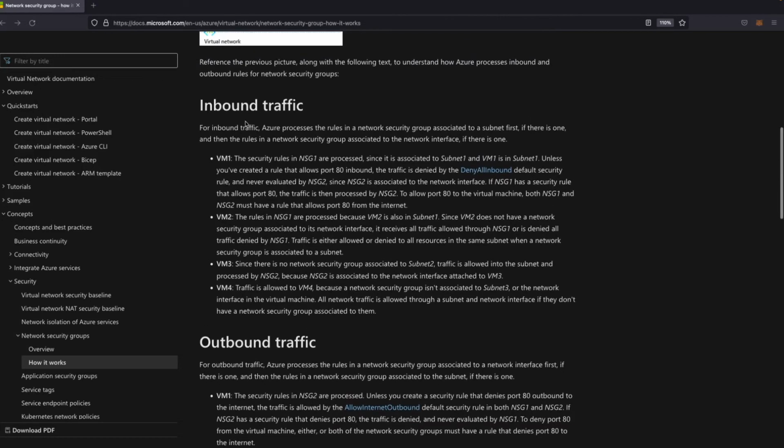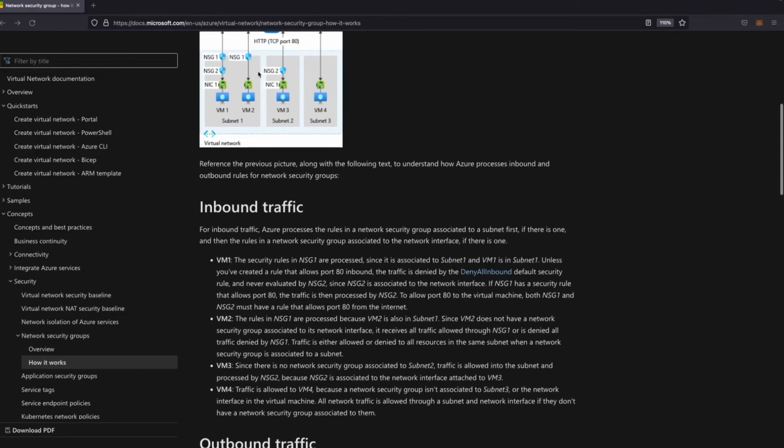You can see here that for inbound traffic, Azure processes the rules in an NSG associated with a subnet first, so NSG1 in this case, and then the rules in an NSG associated with the network interface, if there is one.